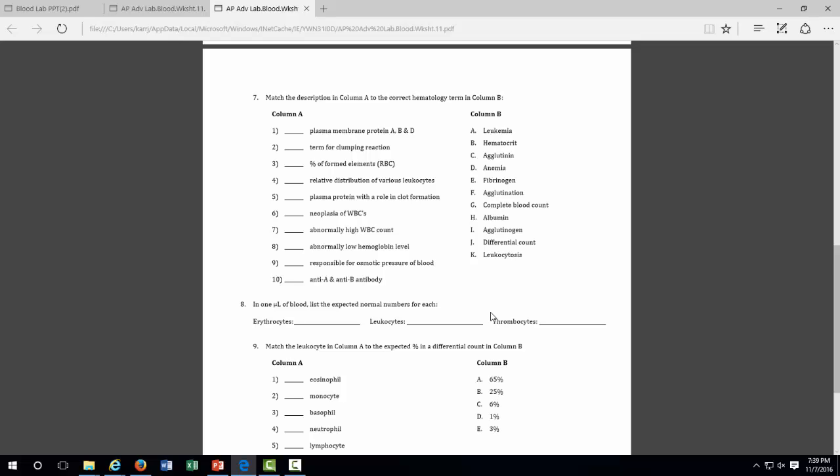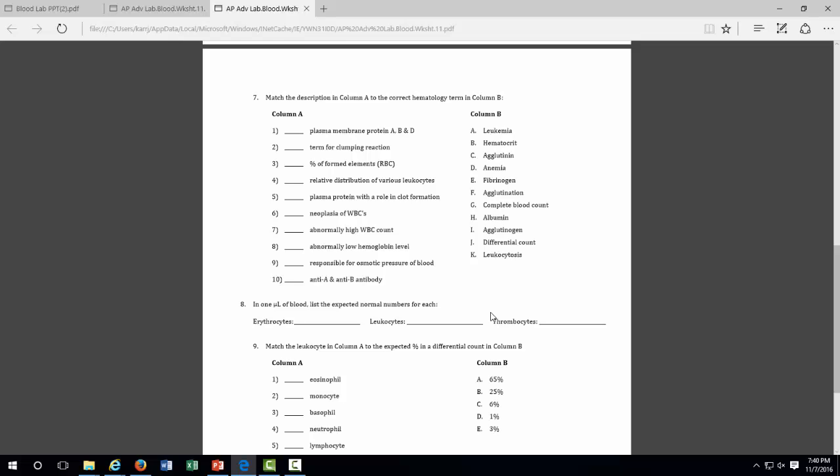And then matching up the percentages. Eosinophils. Now, remember I said if you arrange it, never let monkeys eat bananas. That's the percentages from increasing to decreasing order. So eosinophil is what percent? 3%? Yep. Monocytes? C, 6%.